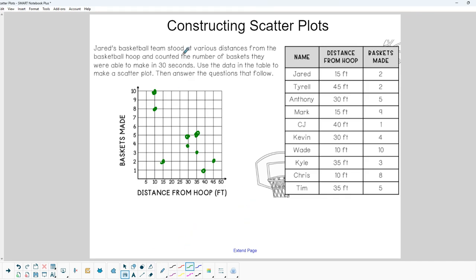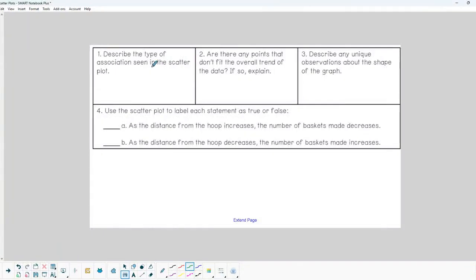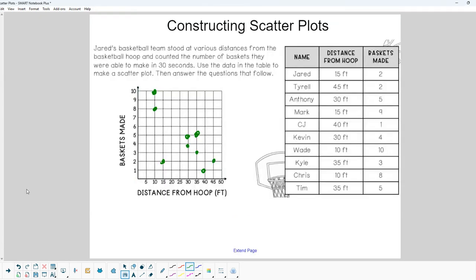So now we need to answer some questions about this data. Describe the type of association seen on the scatter plot. It was a negative association. That's because the further away from the hoop, the fewer shots you made. Are there any points that don't fit the overall trend of the data? I thought there was one.